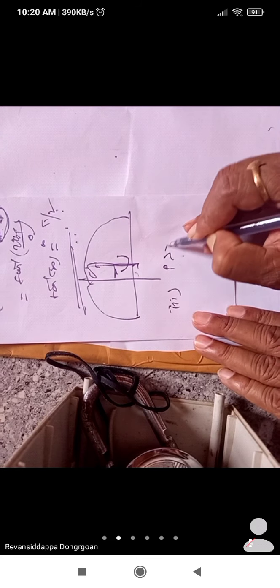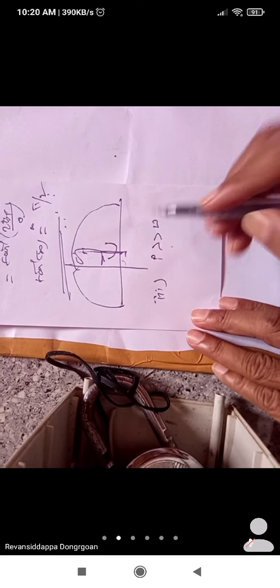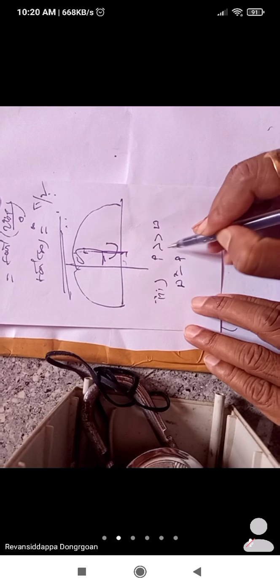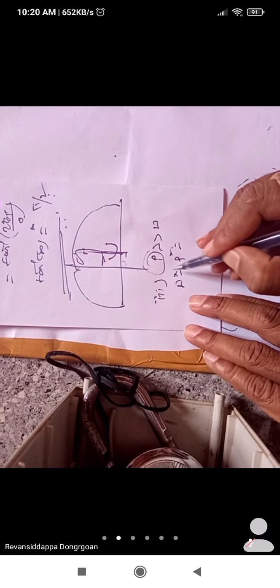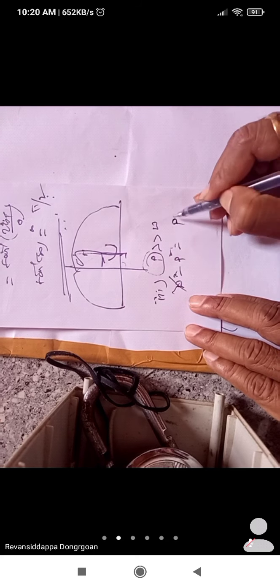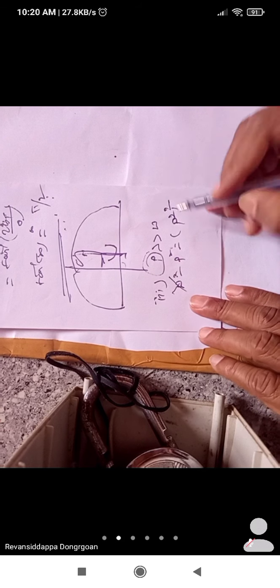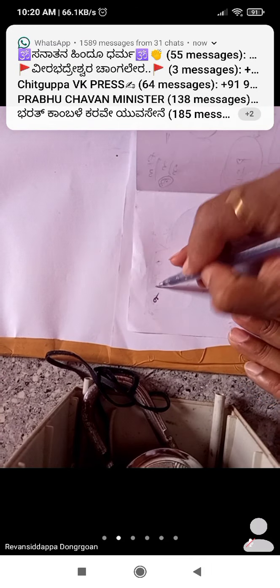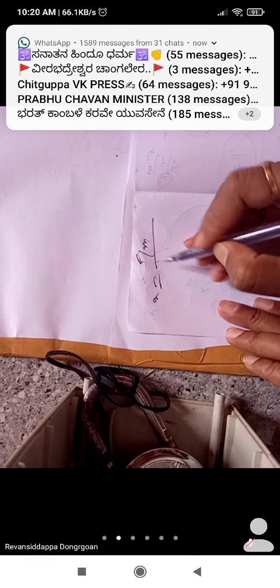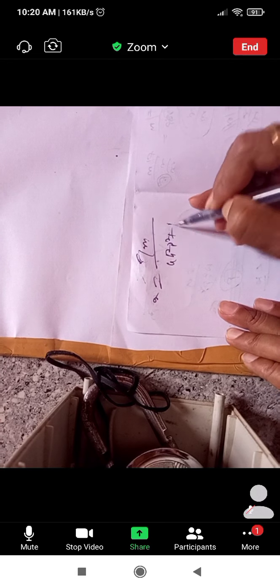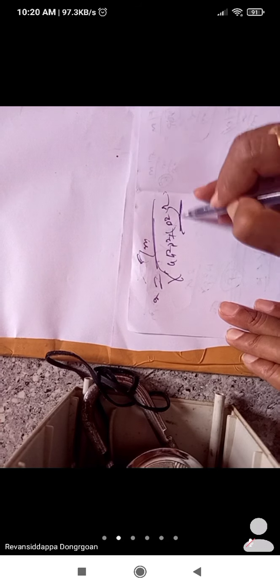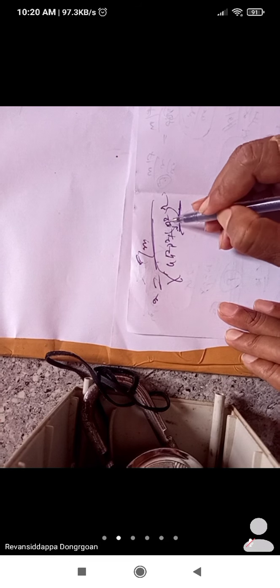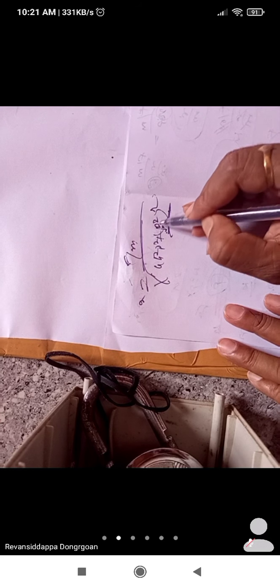The third case: p is very much greater than omega. It has been noticed that in omega square minus p square, since p is very much greater, omega square is not considered, so only p square remains. Therefore (p square minus omega square) whole square can be written as p square squared, or p to the power of 4. Substituting the same thing in the formula, we write F by m divided by the square root of 4b square p square plus p to the power of 4. Here in place of omega square minus p square we substitute p square only, removing the omega square.